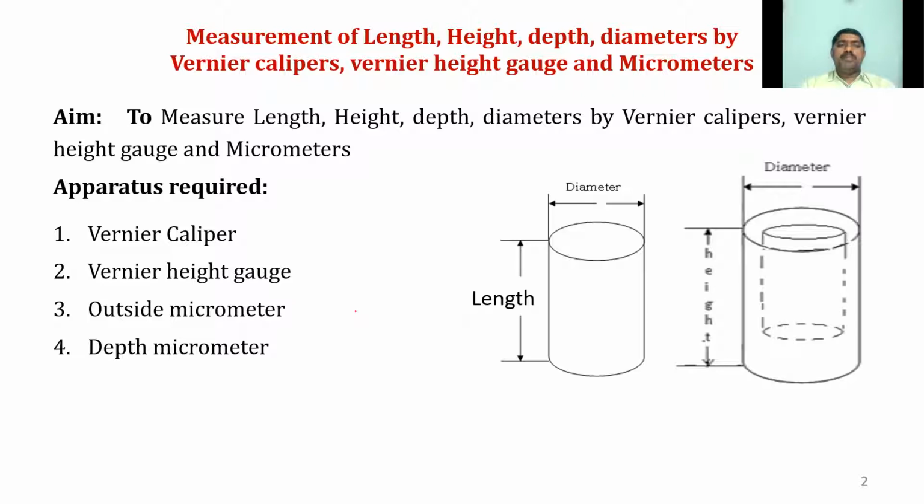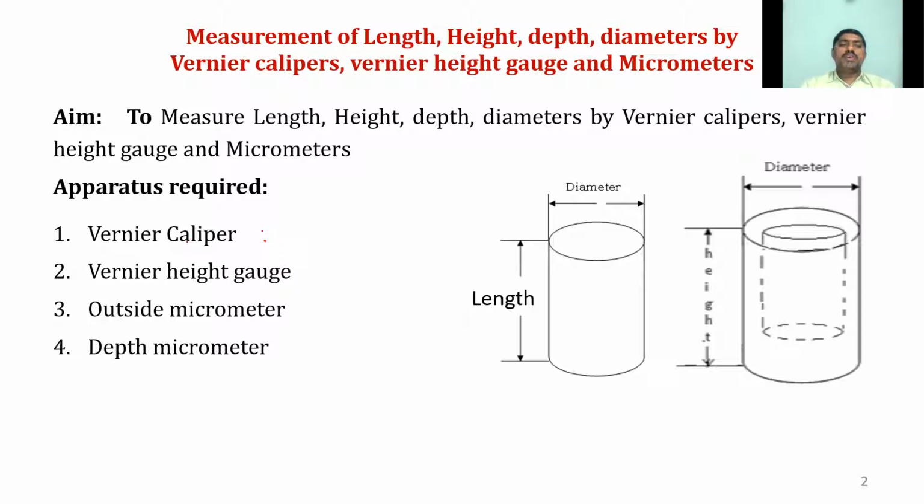As you know, the principle of the vernier caliper is that the two scales, the main scale and the vernier scale, have divisions which are nearly equal but not quite alike, for obtaining a small difference.